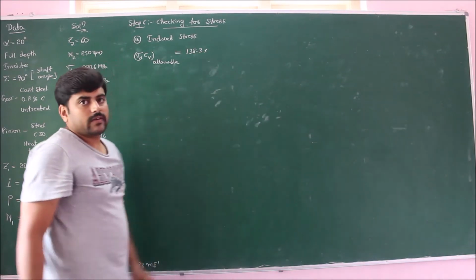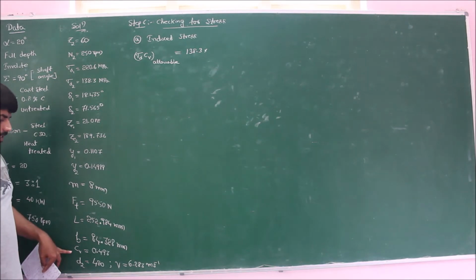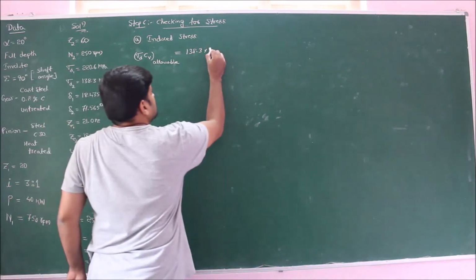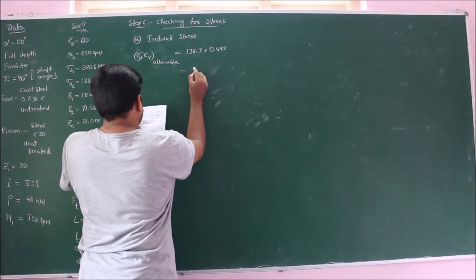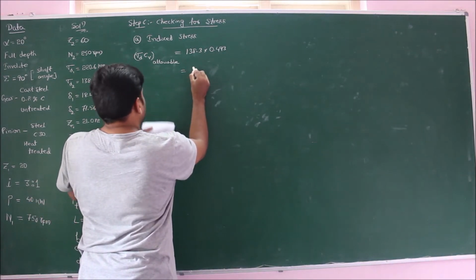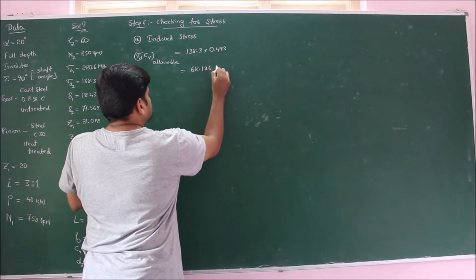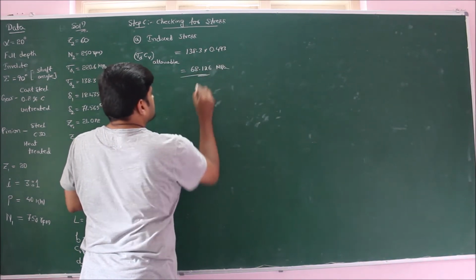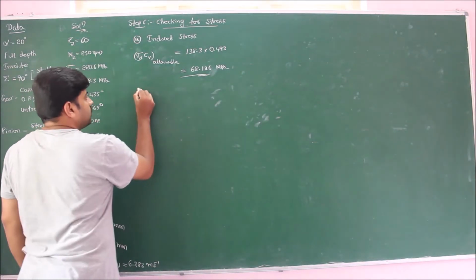Cv we have just calculated for module equal to 8, Cv is 0.493. If I solve, I'll get the value of sigma d Cv allowable as 68.126 megapascals.